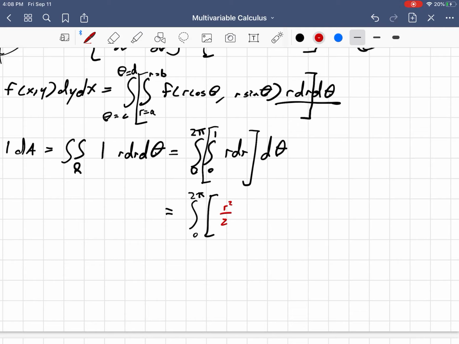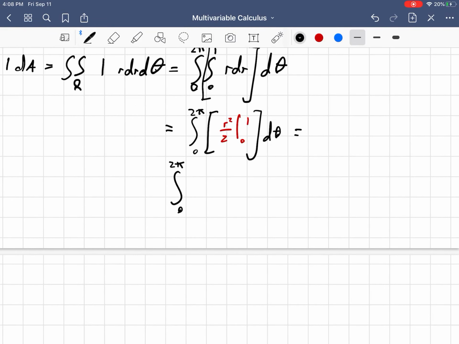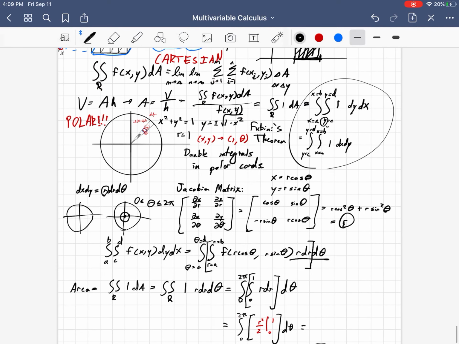So we got r squared over 2, evaluated from 0 to 1, d theta, which is equal to the integral from 0 to 2 pi of just 1/2 d theta, which is 1/2 times 2 pi, or pi, just like we wanted.